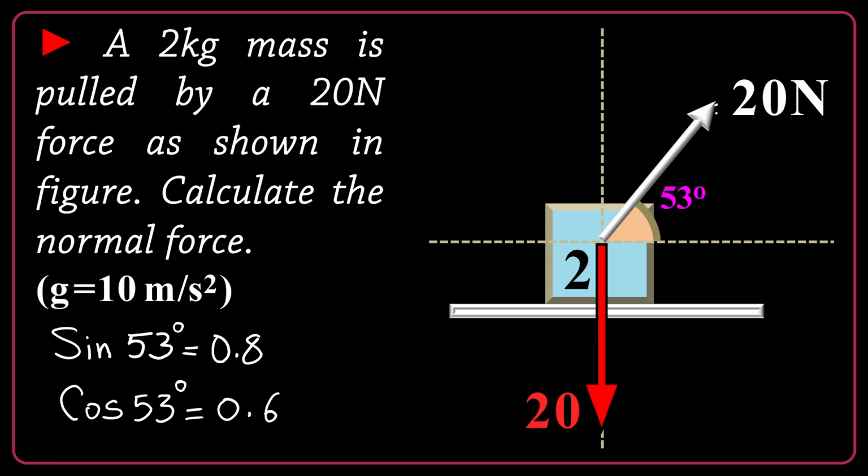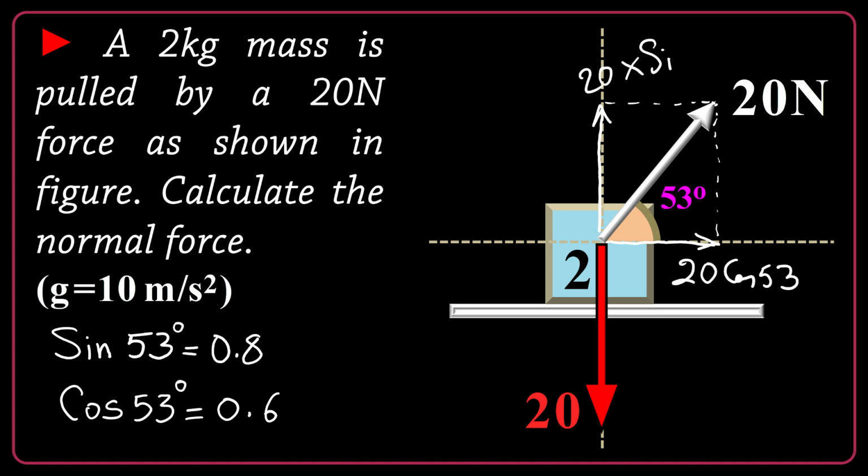Here I know that 20 newton will have a horizontal component of 20 times cosine of 53, and the other component is a vertical component like 20 times sine of 53. Cosine of 53 here is given to be 0.6, so it's 12.